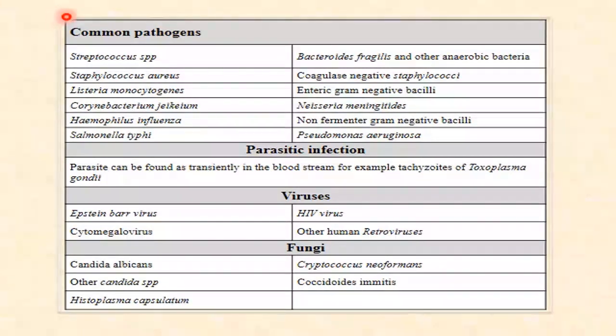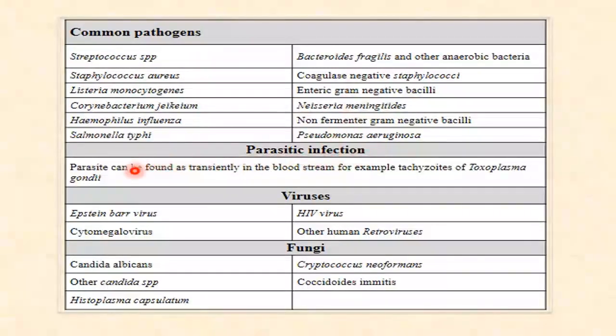Bacteremia is the presence of bacteria in the bloodstream, and the common pathogens are Streptococcus species, Staphylococcus aureus, Listeria monocytogenes, Corynebacterium jeikeium, Haemophilus influenzae, Salmonella typhi, Bacteroides fragilis and other anaerobic bacteria, coagulase-negative staphylococci, enteric gram-negative bacilli, Neisseria meningitidis, non-fermenter gram-negative bacilli, in addition to Pseudomonas aeruginosa. All of these are common bacterial pathogens that may be found in bacteremia.